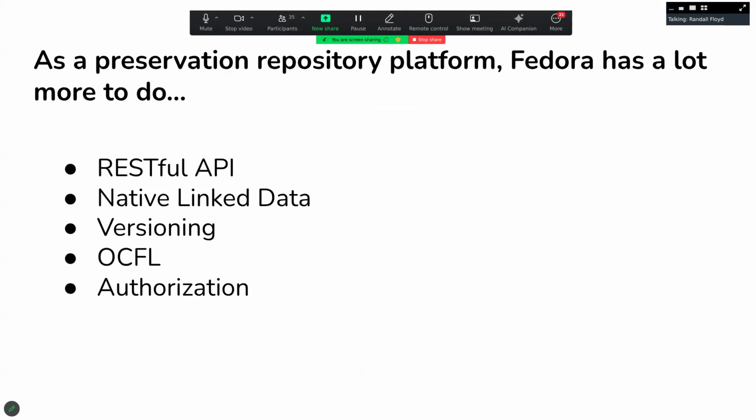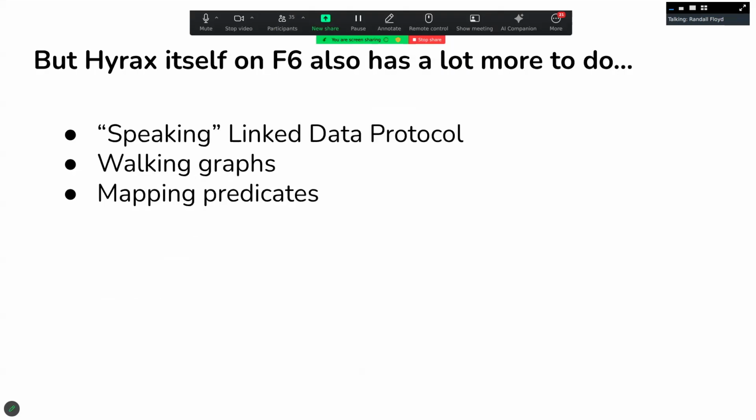It's a RESTful API over HTTP compared to, say, a straight up database message-based protocol. It's dynamically offering native linked data support, versioning, it's having to shred that down into transparent persistence via OCFL, authorization. It just has a lot more to do. It makes more sense that it would be slightly less performant.